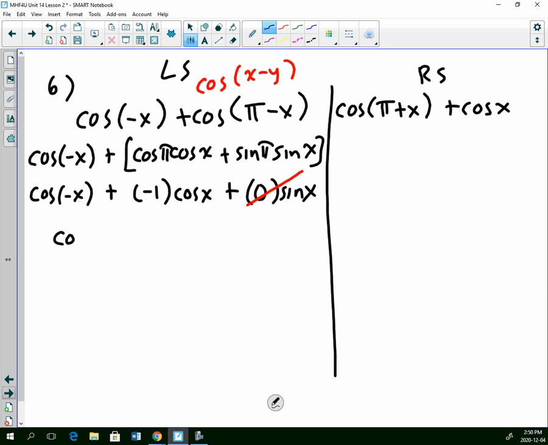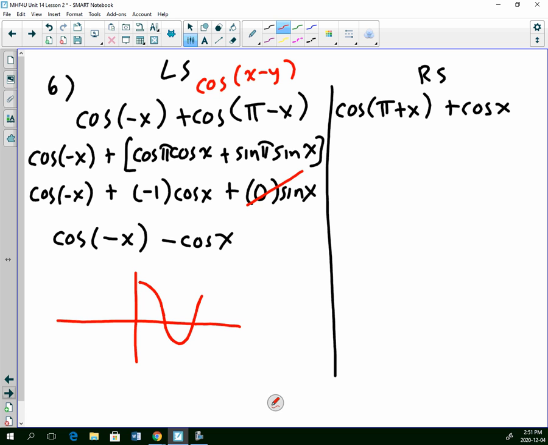So now I have cosine(-x) minus cosine x. Well, what does cosine of -x equal? So cosine of -x is the cosine curve reflected horizontally, because the negative is on the x.